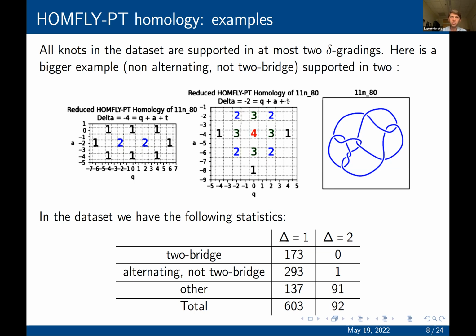And maybe one more thing that I want to say about the data set is people tried to compute it before. I think Ben Webster wrote some programs, but the main issue was that you have to work with these modules over a polynomial ring. And because this is reduced homology, you can quotient by this polynomial action, and they managed to quotient it efficiently and reduce it to computation with finite dimensional vector spaces.